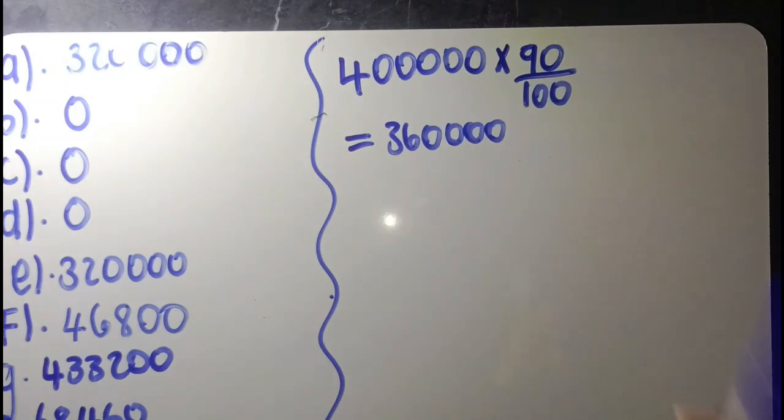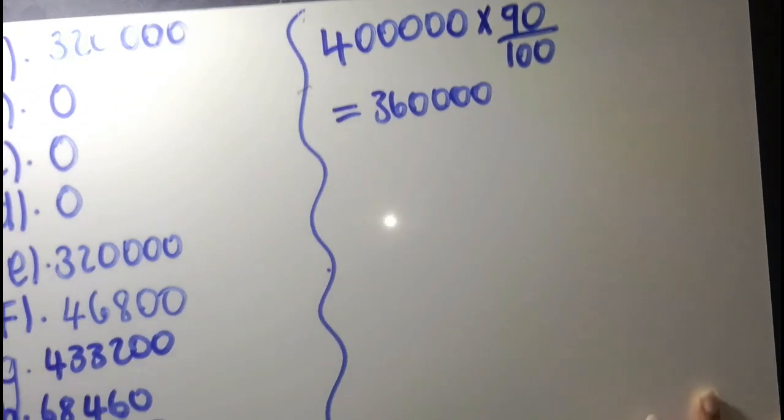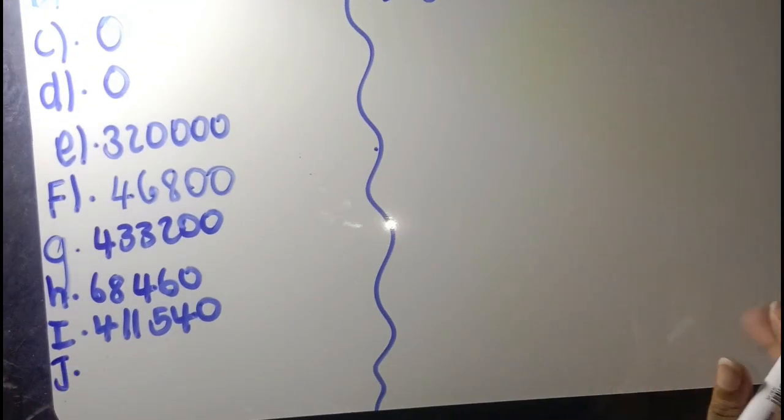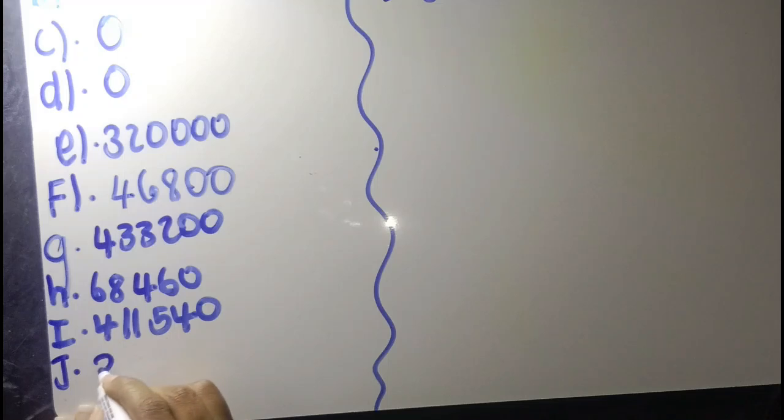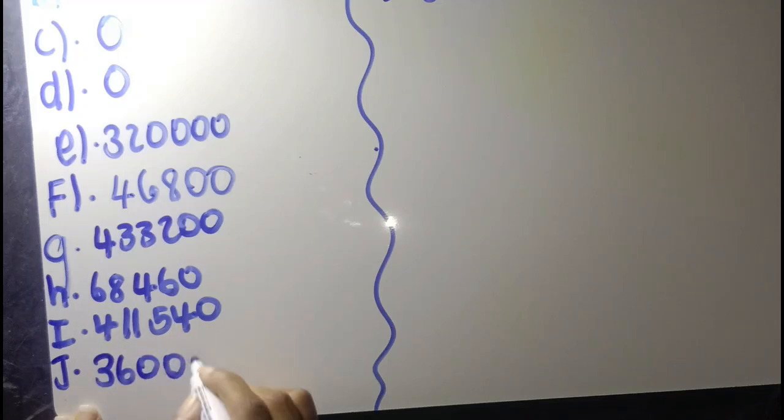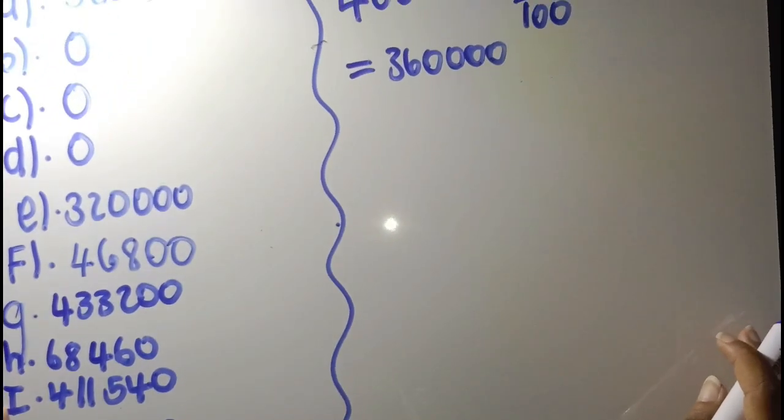Doesn't matter how much it costs. How much did you pay? And you paid 360,000. So your J will be 360,000. Let's erase again.